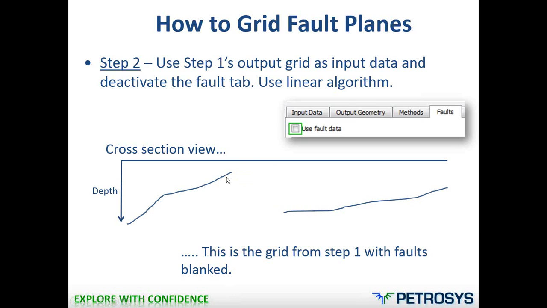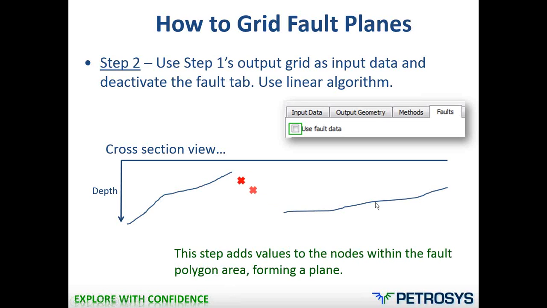And then there is a gap between where normally there would be a fault. And what happens here, the gridding process will fill this gap with grid nodes. So between the upfront side of the fault and the downfront side of the fault, we will have a nice plane. And this plane will be formed really nicely because we used the linear algorithm. So it models better the plane surface here.